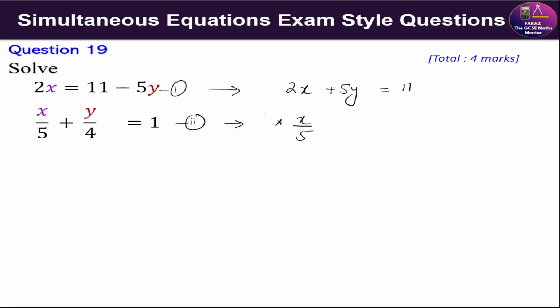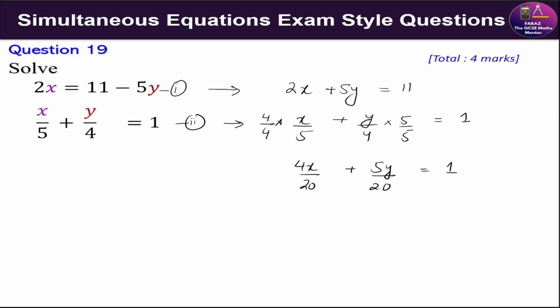You just need to multiply this one by 4 over 4 and y over 4 times it by 5 over 5. To make the denominator same, we have to do this, and therefore it will give you 4x over 20 plus 5y over 20 equals to 1.